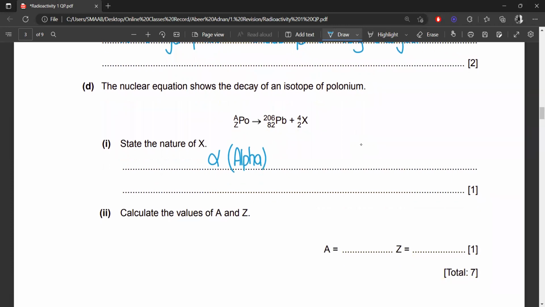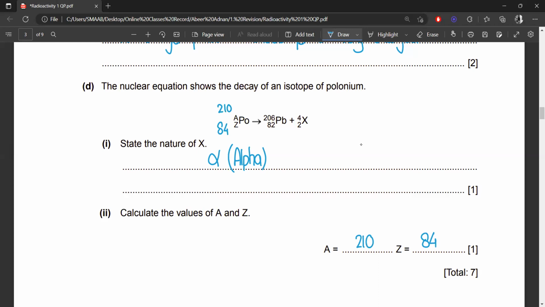And calculate the value of A and Z. 202 and 84. Okay, so we are getting 84 here, right? And 210. So for A we are getting a value, and for Z we are getting a value, right?